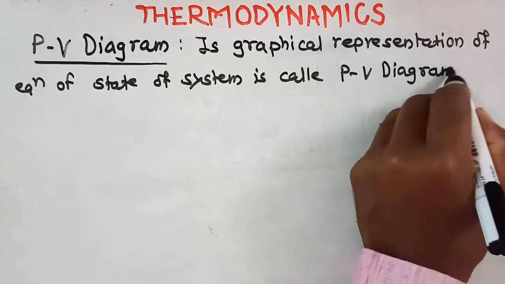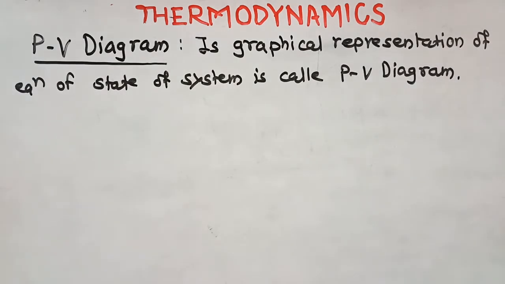What is it? It is simply a graphical representation. Simply graphically we represent the state of a system, and that representation is a PV diagram.